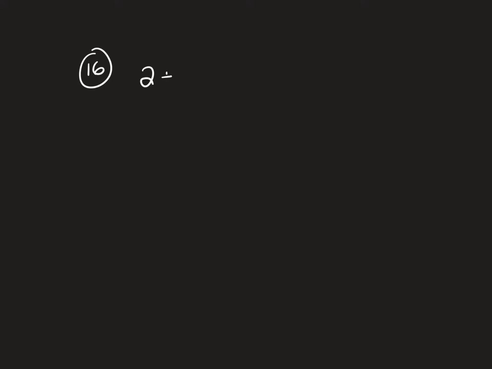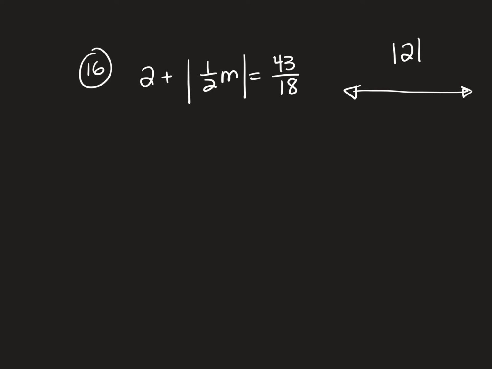We've got 2 plus the absolute value of 1/2 m equals 43 over 18. One of the keys with an absolute value is understanding what it means. If I ask you what the absolute value of 2 is, what I'm asking you to think about is the distance from 0 for 2.